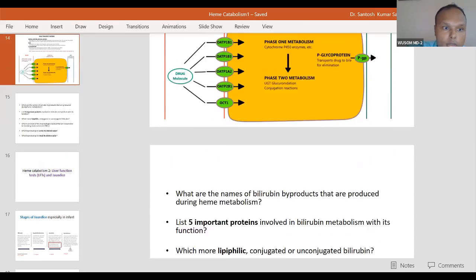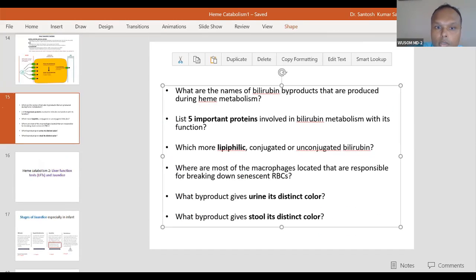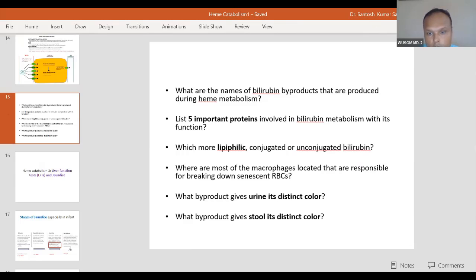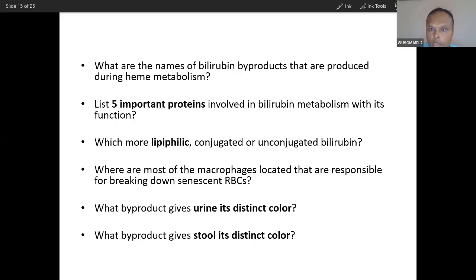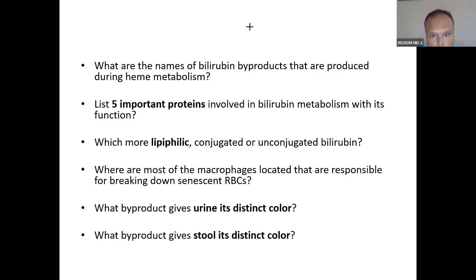So this is conjugated bilirubin. Unconjugated bilirubin is lipophilic. Lipophilic means insoluble in water. So where are most of the macrophages located that are responsible for breaking down senescent RBCs?